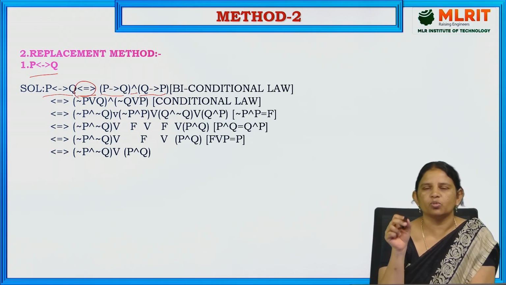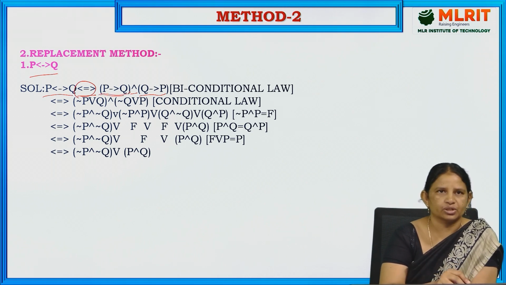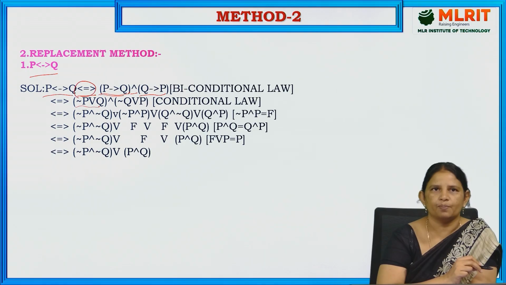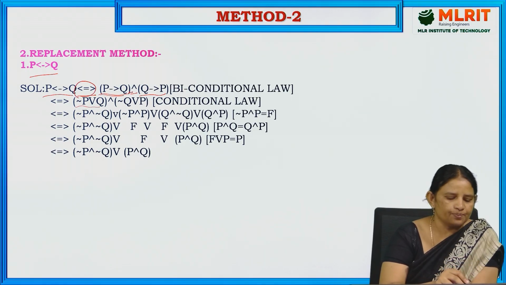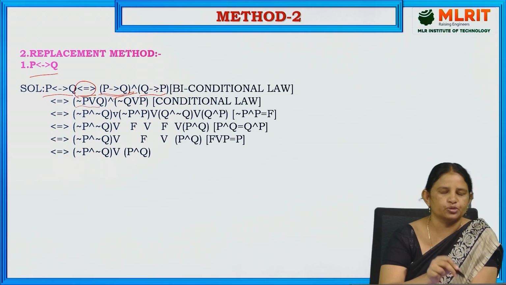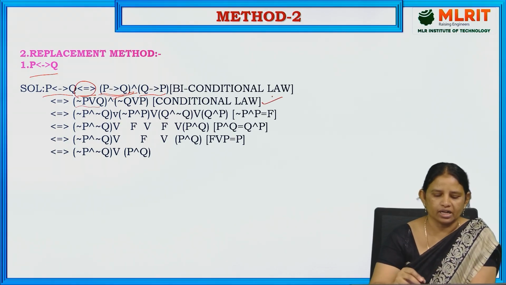We need to remove them by applying the conditional law. What is the conditional law? P implies Q is nothing but negation P or Q. Then Q implies P is nothing but negation Q or P, according to the conditional law.